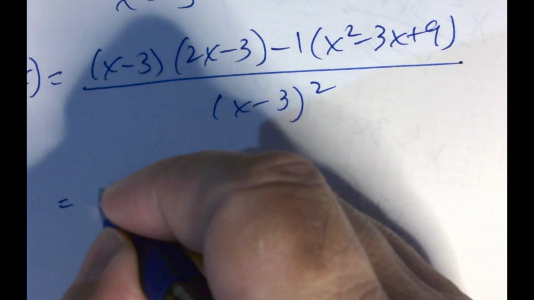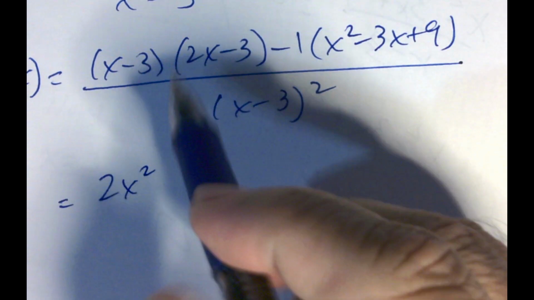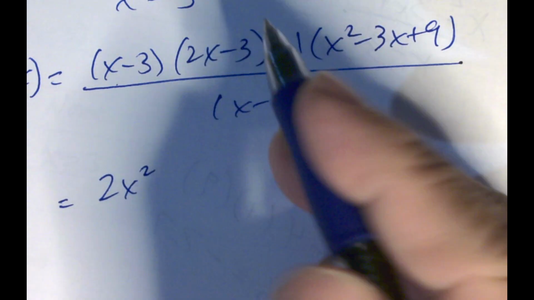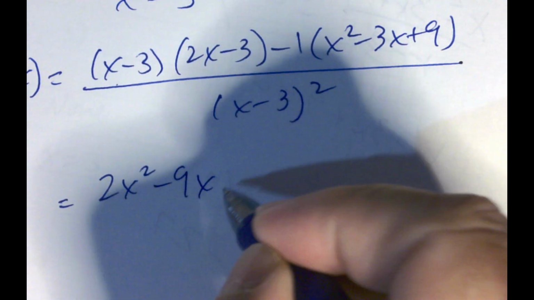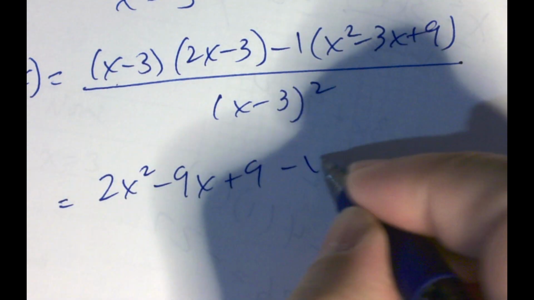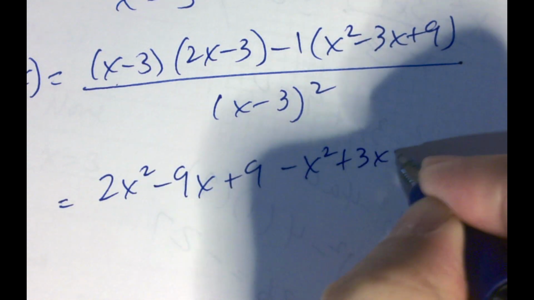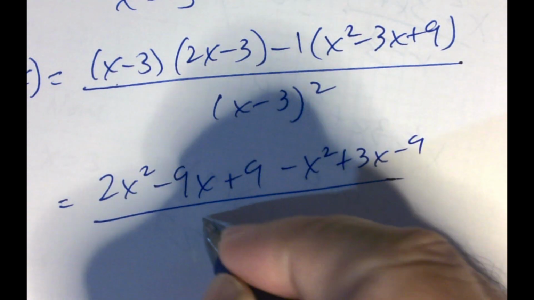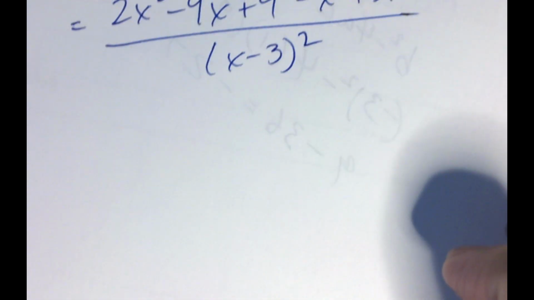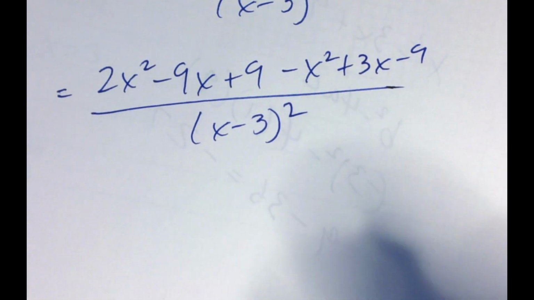So that's going to be 2x squared minus 3x minus 6x plus 9. Distribute that minus, so it's minus x squared plus 3x minus 9 over x minus 3 squared. Continue with that. The 9's cancel.